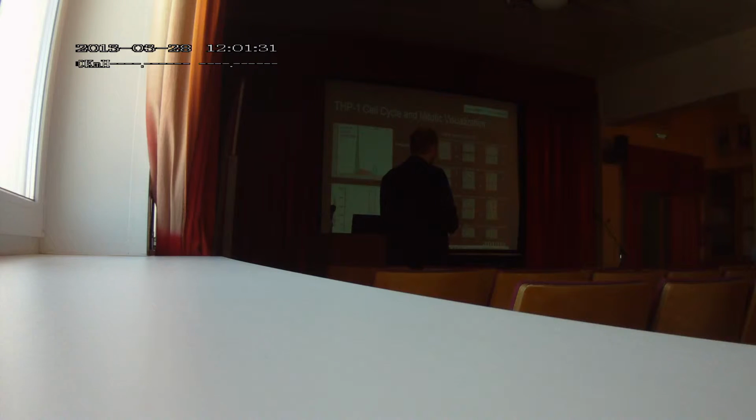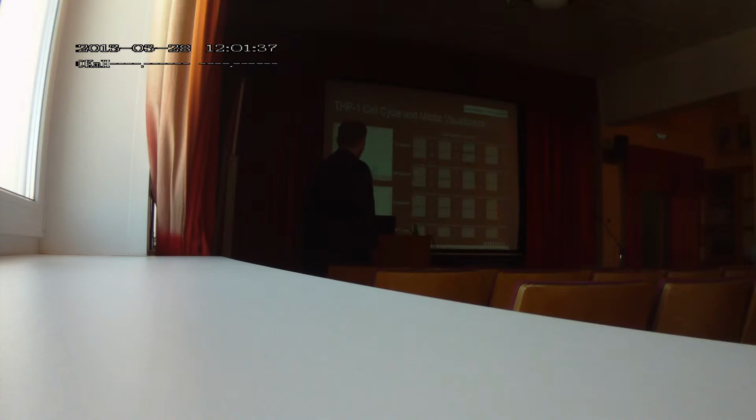Here, always in comparison with the white light microscopy image, you can see that the cell is already divided. So this is something you can't get from a standard flow cytometer.